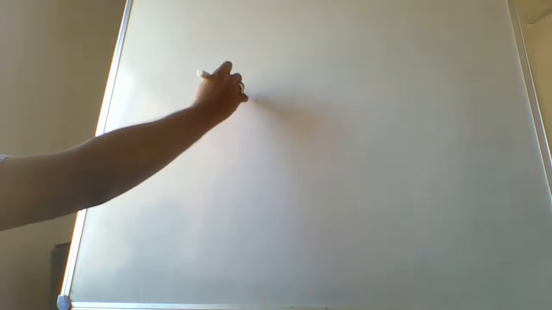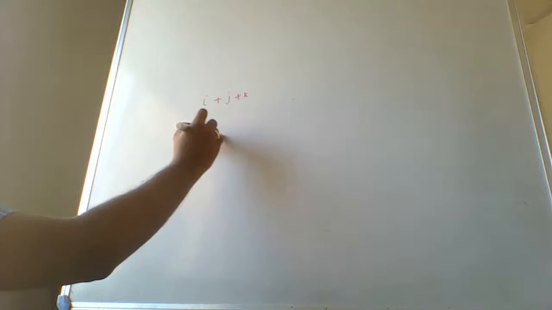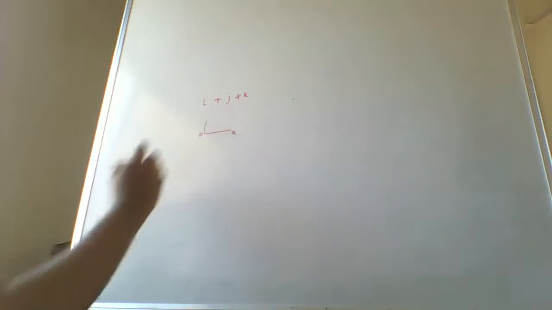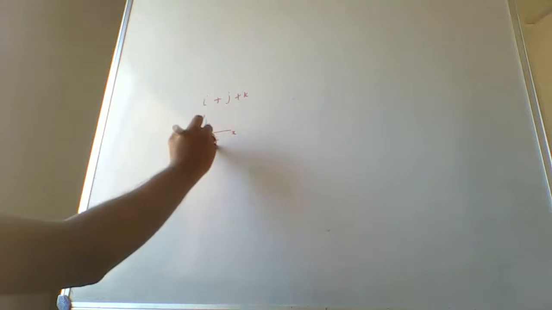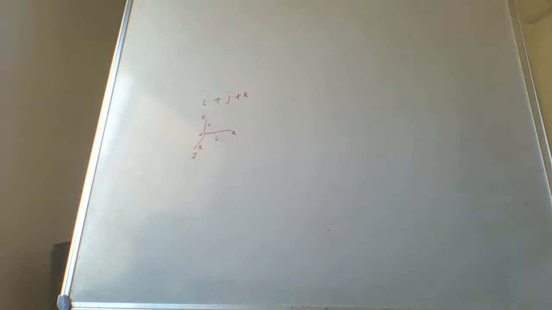Let us show that a vector i, j, and k is equally inclined to the axes OX, OY, and OZ. Let us get that result now.